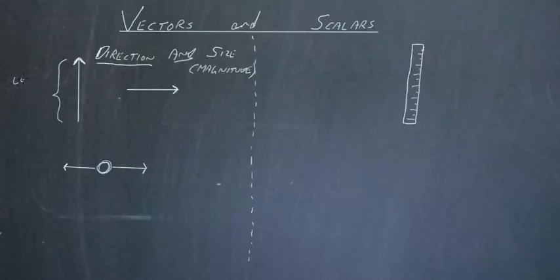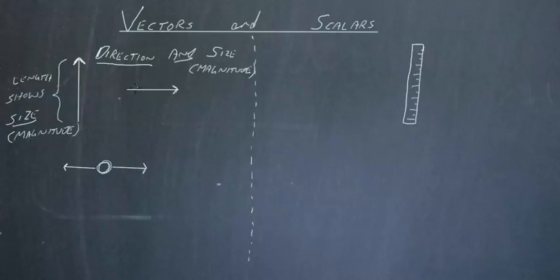So we'll put here: length shows size or magnitude. Again, it is important to start using this word magnitude. I'm simplifying it to the word size, but do use magnitude.